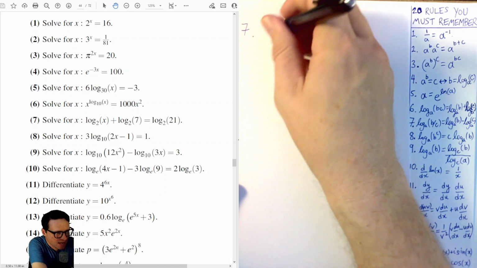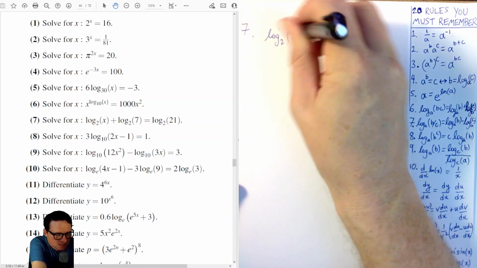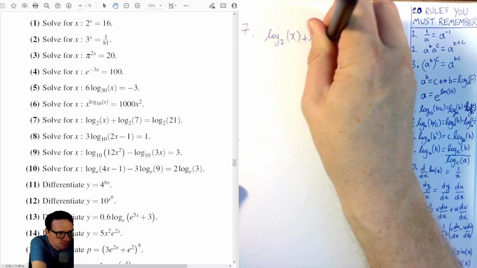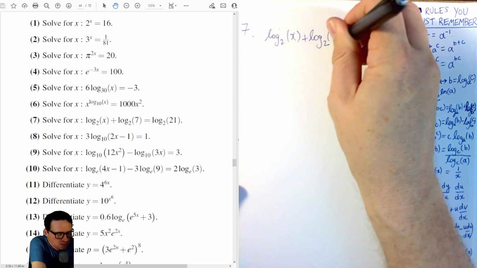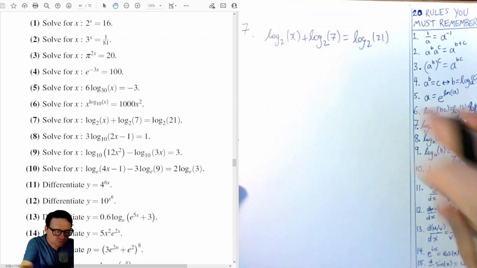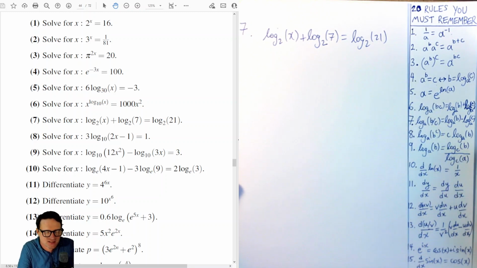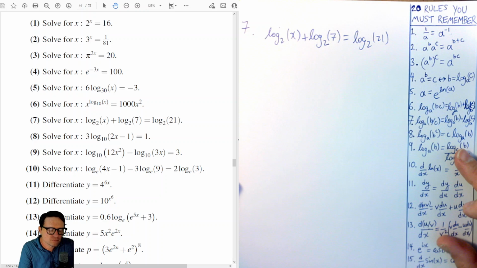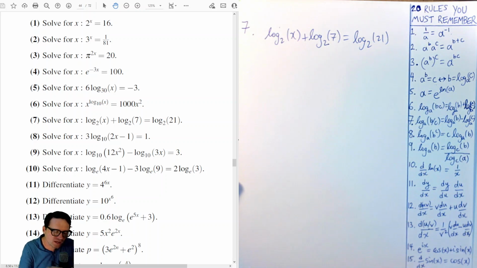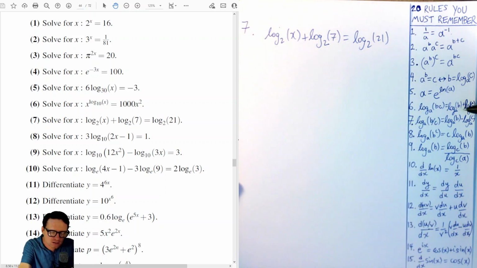So question 7 asks us to solve for x in log to base 2 of x plus log to base 2 of 7 equals log to base 2 of 21. Now, first thing to notice is that everything is in the same base 2. Okay, so we can take the left-hand side and marry it up using log rule number 6.